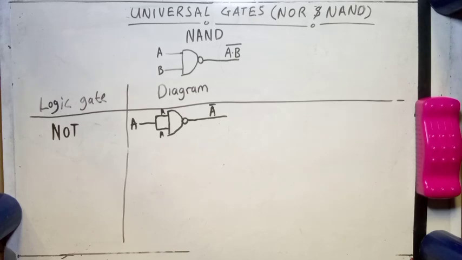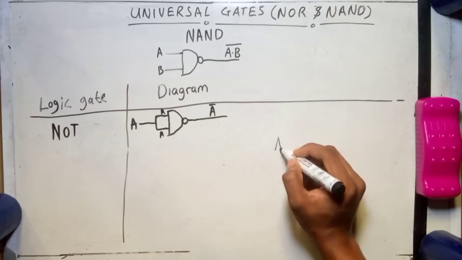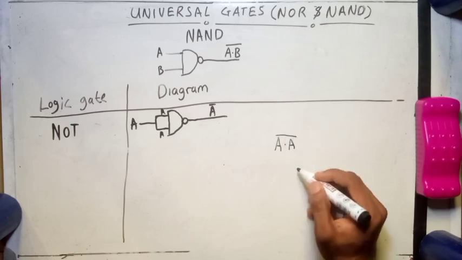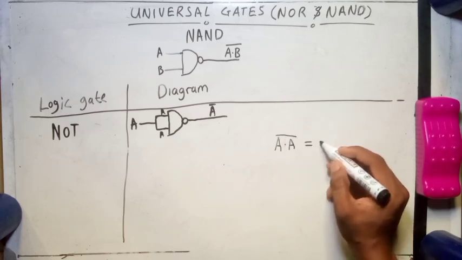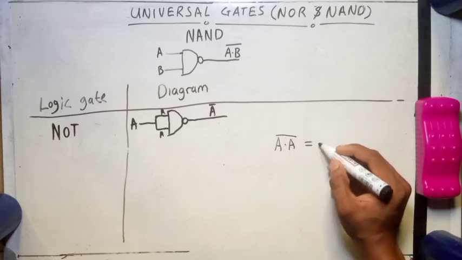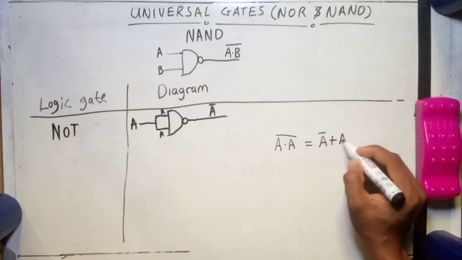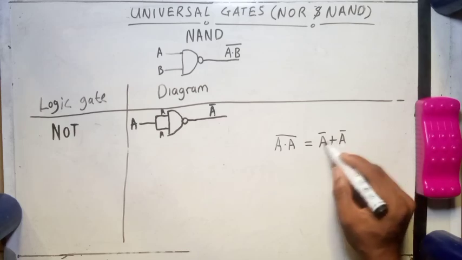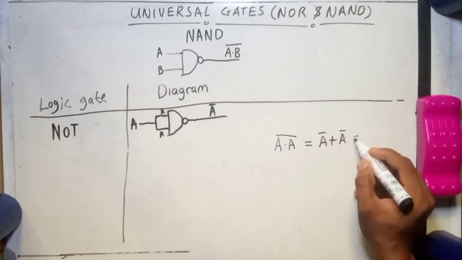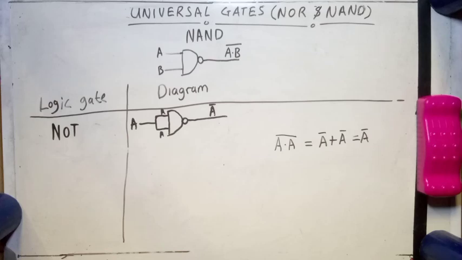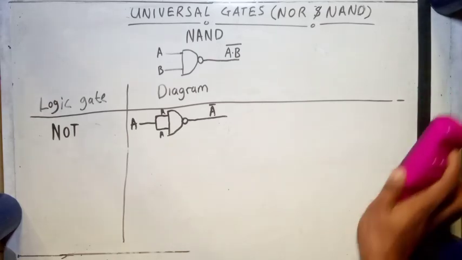Then at the end, we're going to have A dot A all bar. This is also equivalent, using De Morgan's, splitting the sign on top, to A bar plus A bar. And we know when we are adding like terms, we just take one. Hence this is your NOT.